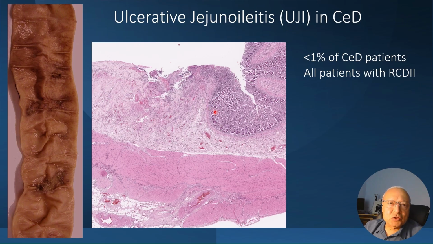And here is the histology of these ulcerations. You have an ulcerated surface with granulation tissue and adjacent lymphocytic jejunitis linked to celiac disease. And this is seen exclusively in patients with RCD type 2, which is a clonal form of refractory celiac disease.